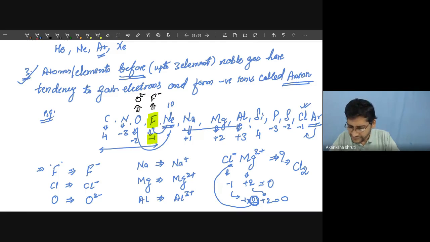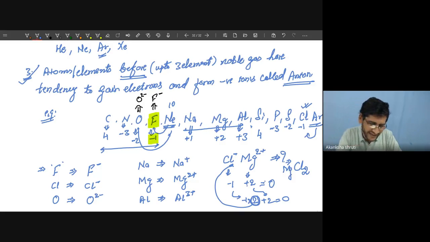It is clear. Now magnesium, how much shall we take? Magnesium is only 1, means we have not multiplied, because 1 itself contains 2 unit positive charge. So magnesium has to be written as it is. Okay, students, write this. Here we have determined that chlorine should be written as Cl2, and magnesium.